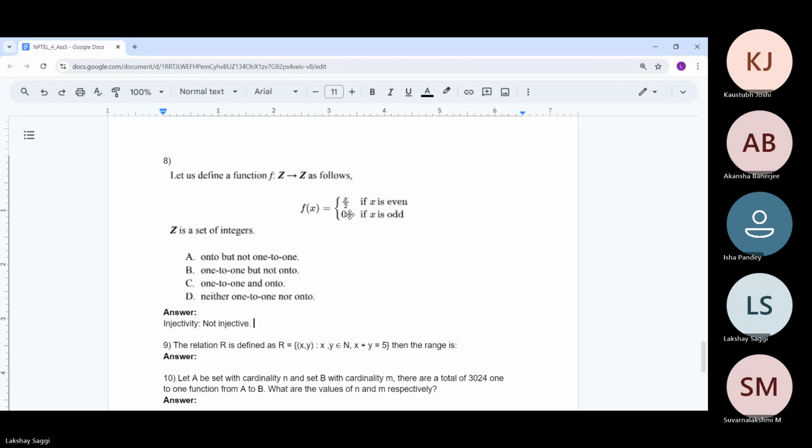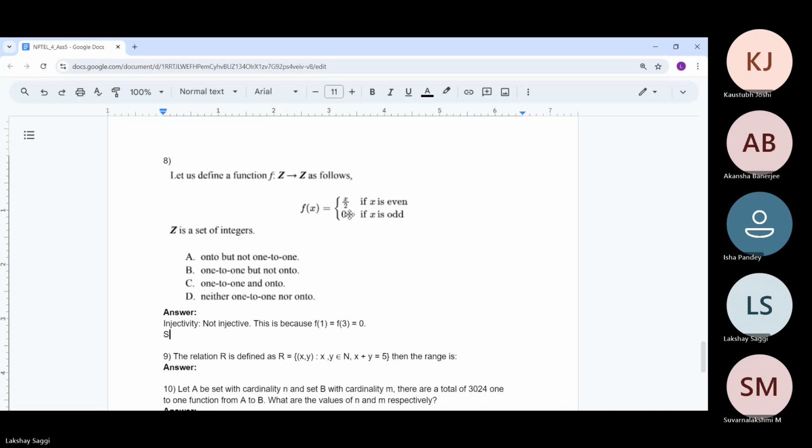This is because f of 1 is equal to f of 3, which is 0. f of 1 and f of 3 both are 0, but for 1-1 these should have been different.